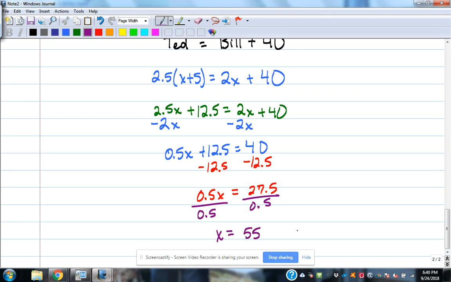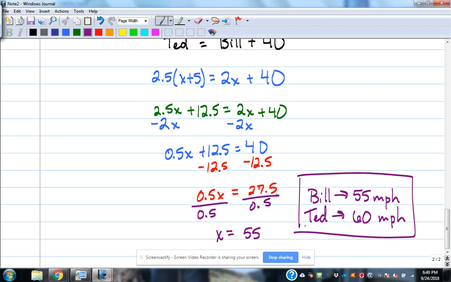What does x tell us? All that work, we got to know what x is. For who? Bill is 55 miles per hour. Ted is how much? 60 miles per hour. That's what we're finding.